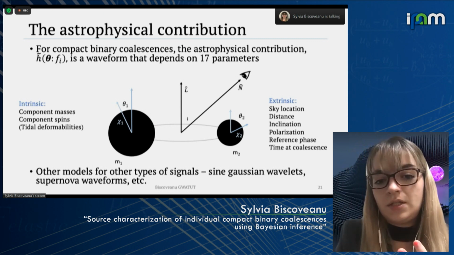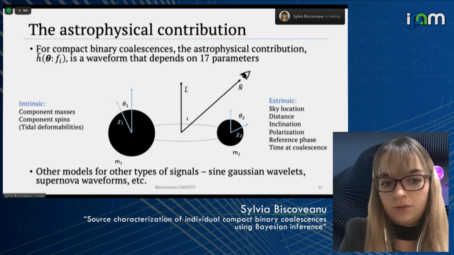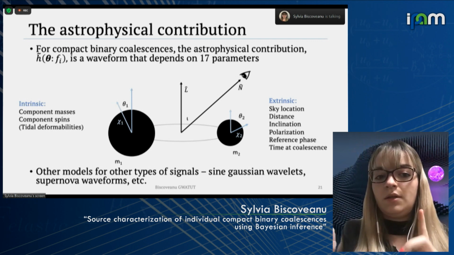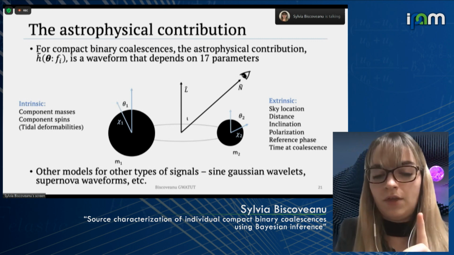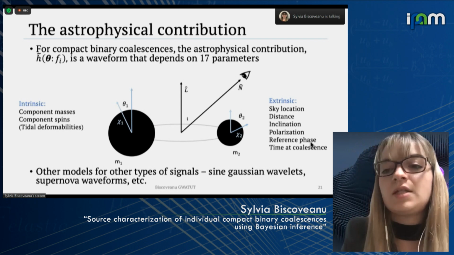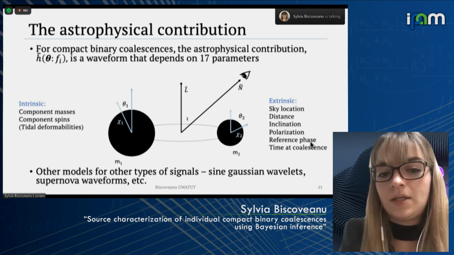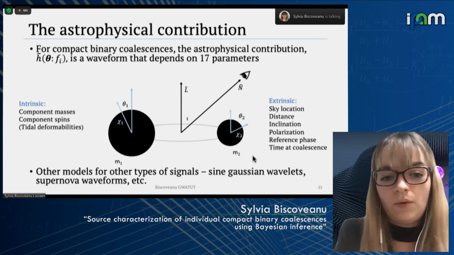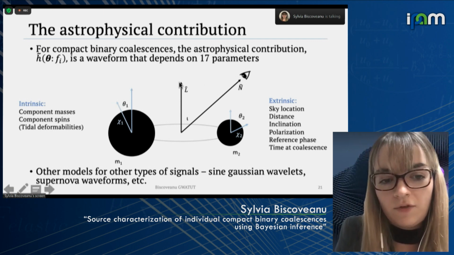We have the distance to the source, the inclination angle, which is just the angle between the source and the line of sight of the observer. And we also have the phase and the time at the coalescence. So just some reference phase and time to know basically at what point we observe the merger.